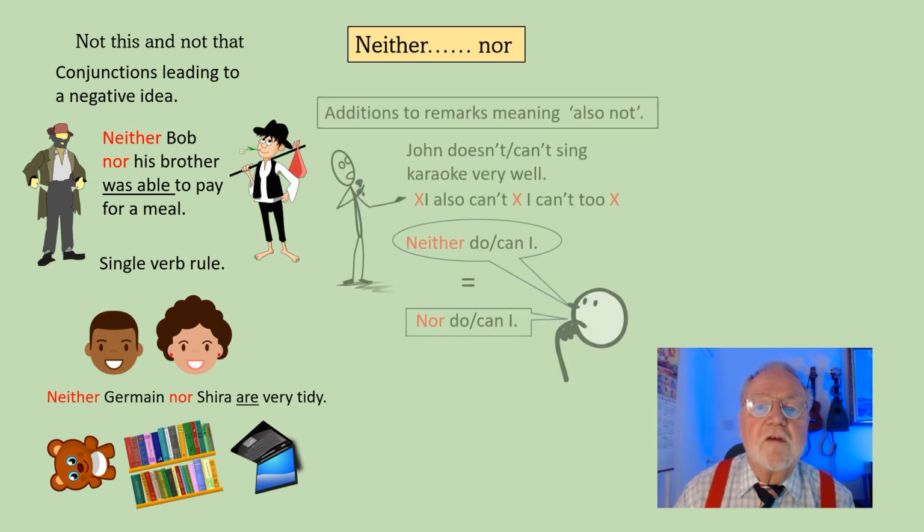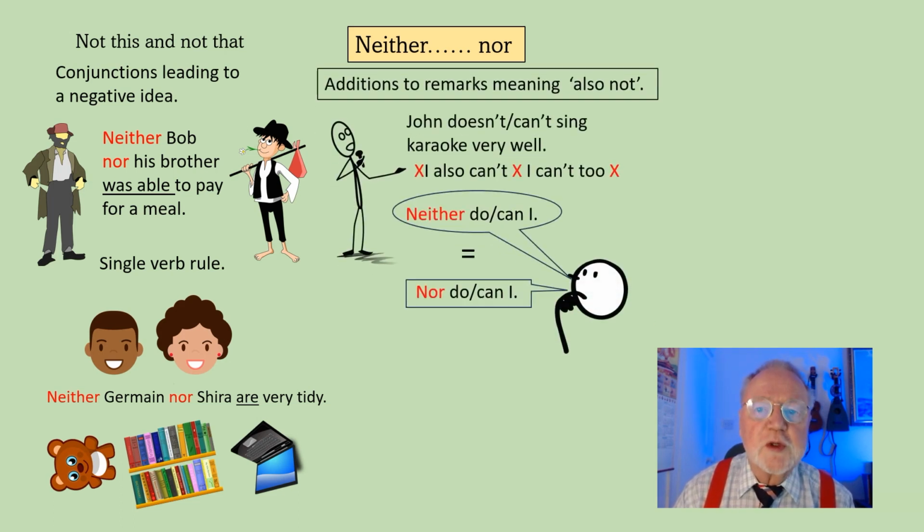Neither nor are very useful for additions to a remark, meaning also not. Now I better explain that. Let's take this example. John can't sing karaoke very well. Now I can't reply to that in English, I also can't, or I can't too. Well, I can hear you saying, just a minute, you could say I can't either. Yes, that's true, but I'm trying to avoid mixing up either and neither, so we'll look at either in a separate video.